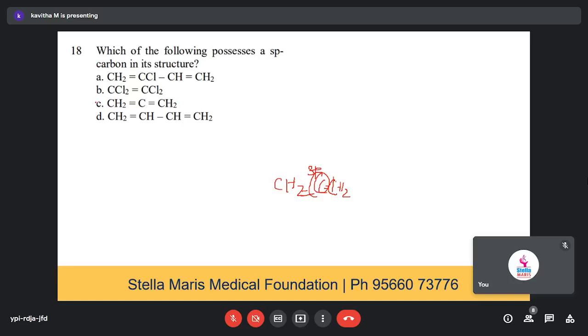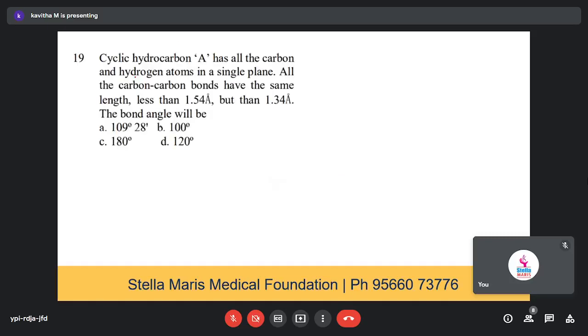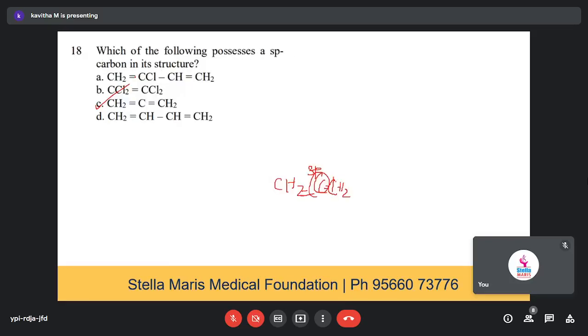So the answer is C for this. Ma'am, triple bond represents sp hybridization, no ma'am? Yes, but a triple bond is nothing but one sigma bond and two pi bonds. When you go for acetylene, it is CH triple bond CH, right? Yes, ma'am. Here you have two sigma bonds and two pi bonds in each carbon.